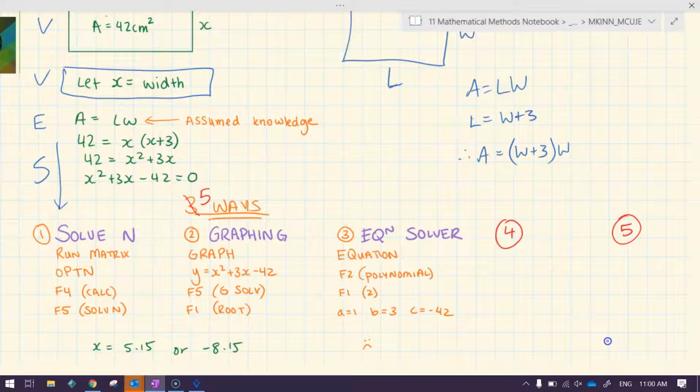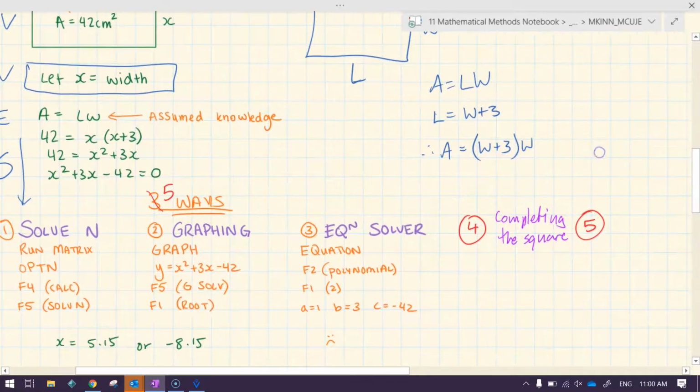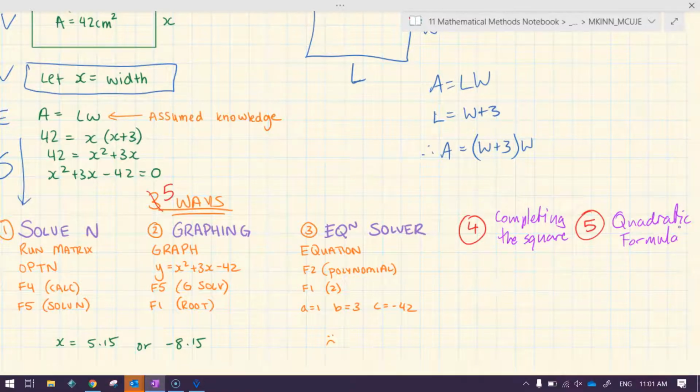They'd all involve your calculator. What if this was in the non-calculator exam? What have I got left? Completing the square, yes. What's the other way we could do it? Quadratic formula. All right, so every time you have a quadratic, you've got those 5 options as a way of solving. Every single time.